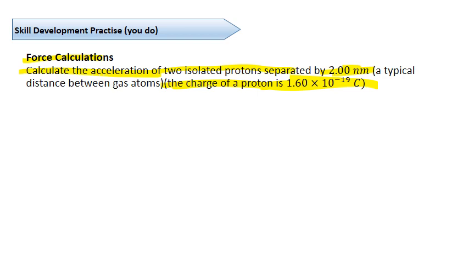So if the charge of a particular proton or neutron isn't given to you in the question and you don't know it, you're not expected to recall that information. You should look to your data book to find that information. I've included it for the sake of this question, however, future questions might not have it. We're being asked to calculate acceleration.